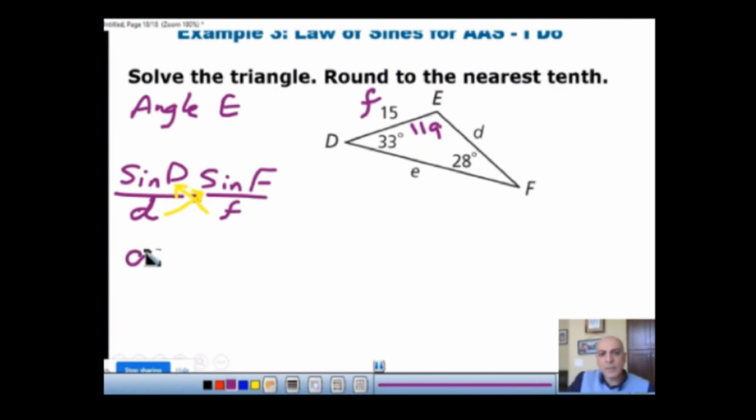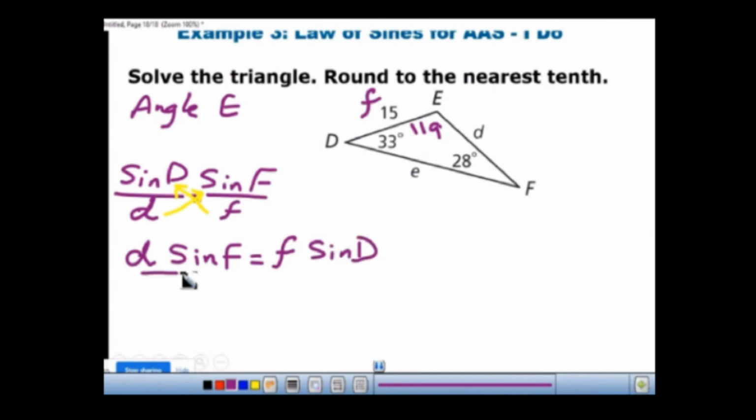I'm doing the first one slow, but I'm going to have to speed up a little bit afterwards. This is times little f equals little f times sine of uppercase D. You divide both sides by sine F because you just want the d by itself. You want to isolate the d.